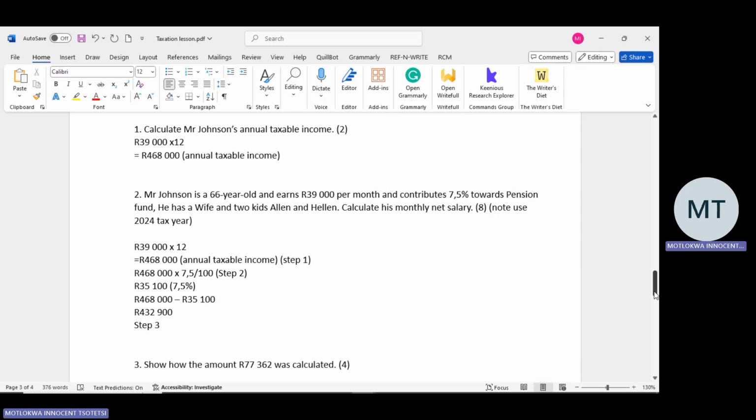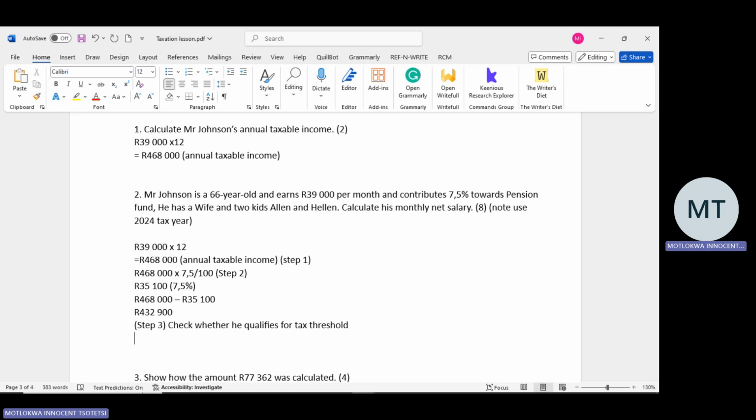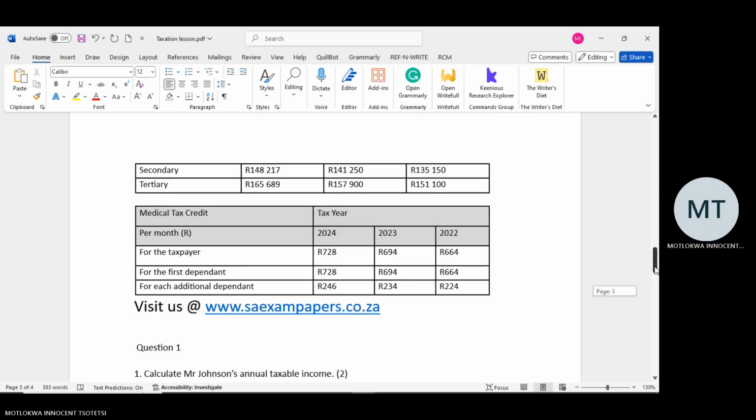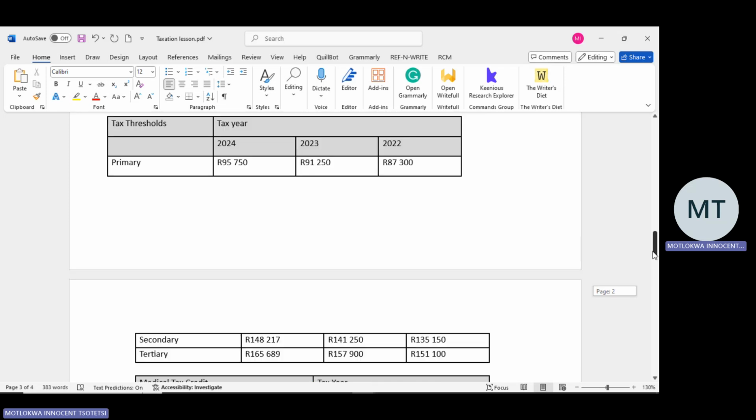Step 3: check whether he qualifies for tax threshold. Let's check whether Mr. Johnson qualifies for tax threshold, since we have found out that the amount he has is 432,900. So we're going to move to the table of tax threshold.